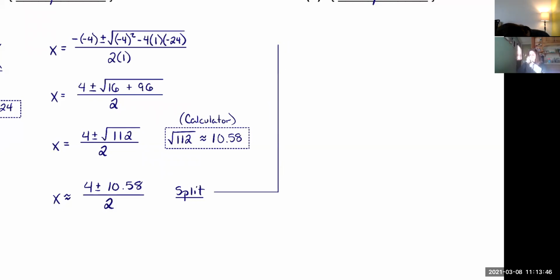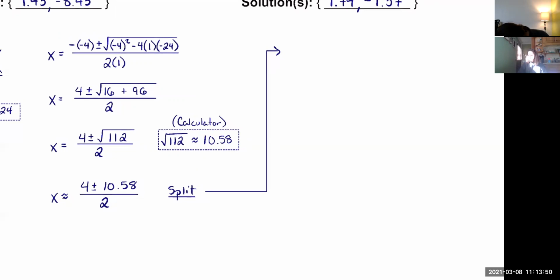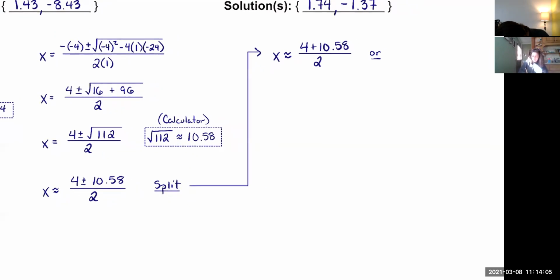I want to make sure I have plenty of space to see this written out. So x is either approximately 4 plus 10.58 all over 2, or x is approximately 4 minus 10.58 over 2.